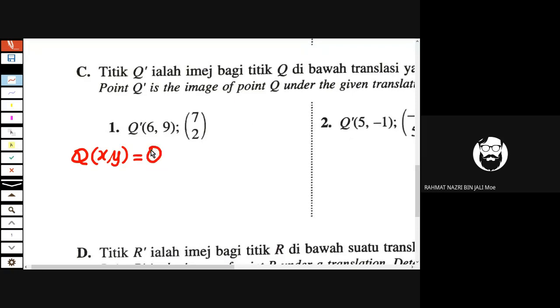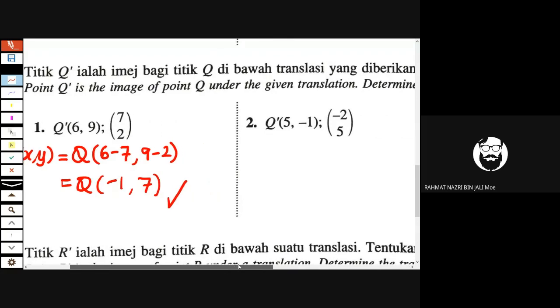Jadi Q kita ambil daripada ini. Ini sekarang kita tolak. We're doing minus subtraction. 9 tolak 2. Jadi koordinat Q sama dengan negatif 1, 7.